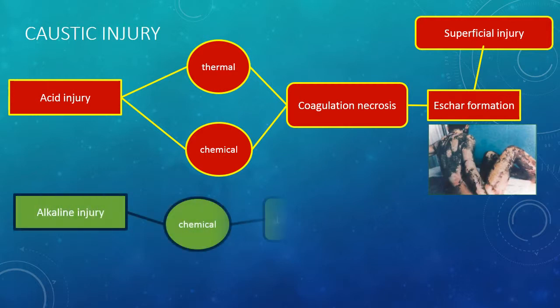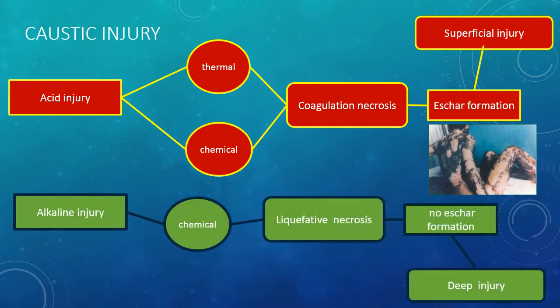Next comes the alkaline injury. In case of an alkaline injury, there is only chemical reaction. There will not be any heat. The result is, due to the chemical reaction, there will be liquefactive necrosis and there will be no scar formation, and as a result the alkali can penetrate deep and it will result in a deep injury.